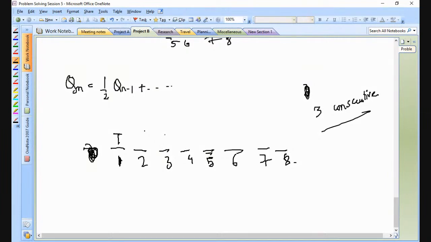The first position has a probability of half times Q_{n-1}. Similarly, for TH and HT the probability is 1/4, and the same goes for HH, tail head head, which has a probability of 1/8. So we can say half Q_{n-1} plus 1/4 Q_{n-2} plus 1/8 Q_{n-2}.